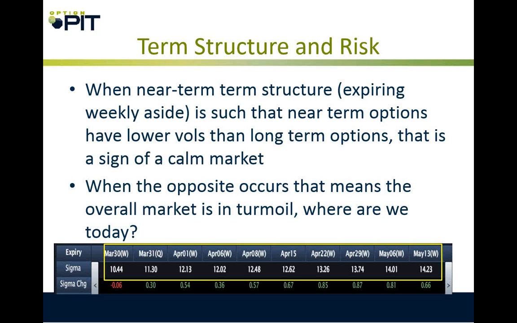Under normal circumstances, when VIX is low, the futures will trade at a premium and then slowly converge to the cash index up until expiration, when they actually become one.